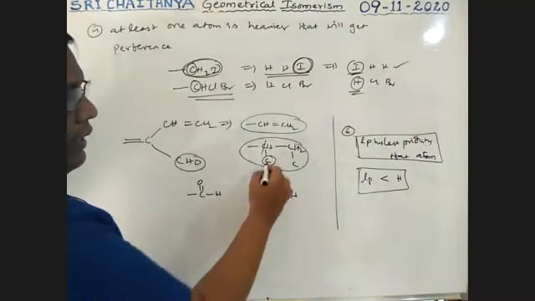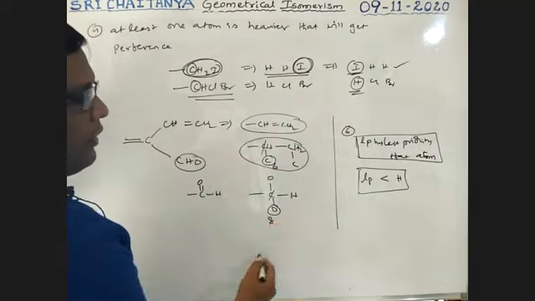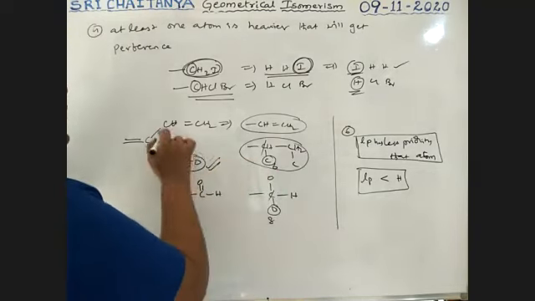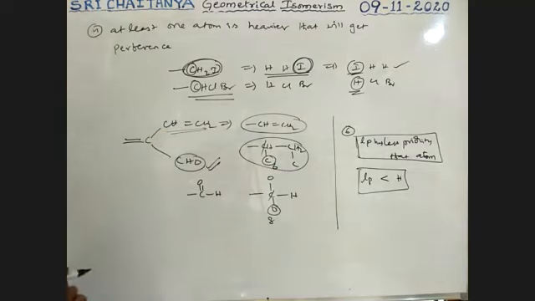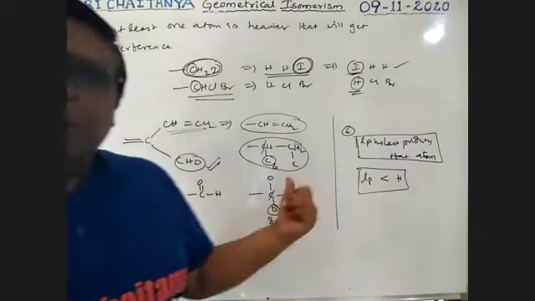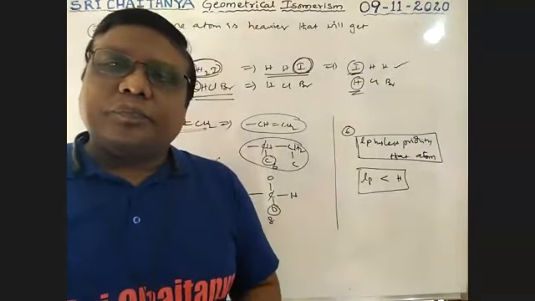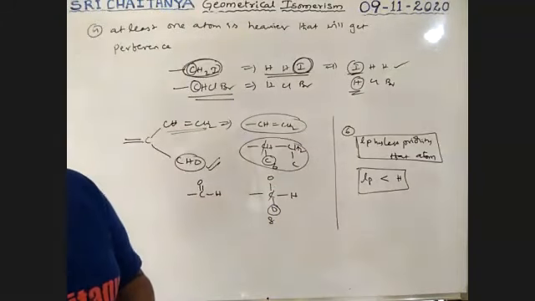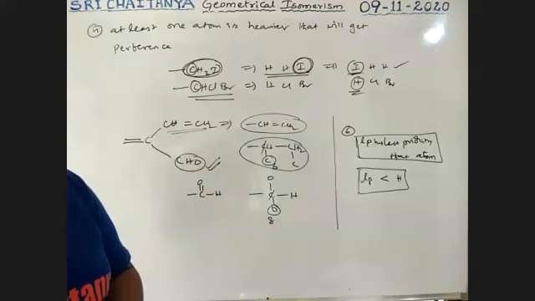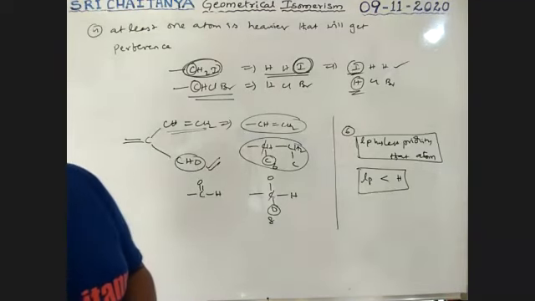So therefore it has atomic number 6, it has atomic number 8. Therefore it has more priority than this one. So this is the way to identify priority. Okay, now it's clear. Now it's clear or not? Very, very, very important. Clarified.